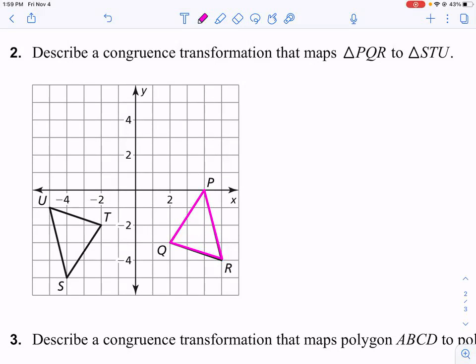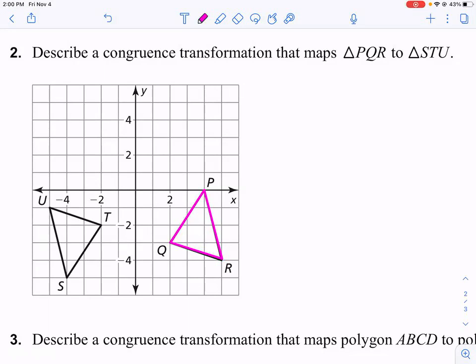Well, I don't think you need to do the 8. It's 90 degrees.